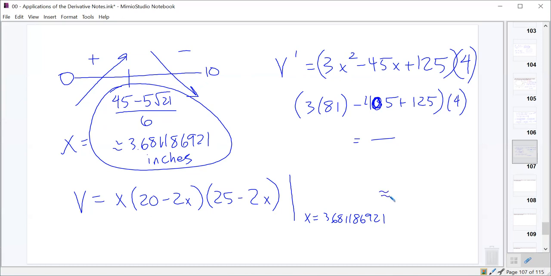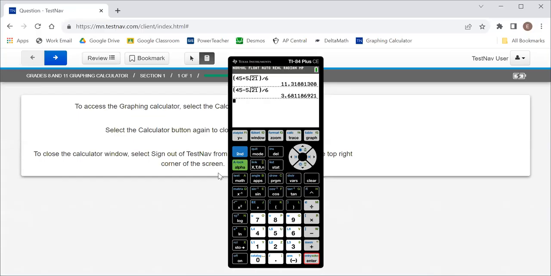So let's do that on our graphing calculator here. Remember that we can take this value right here, 45 minus 5 root 21 divided by 6, and hit the STO arrow button right above on, and store that as alpha, and then the math button A. And then I don't have to retype that number each and every time.